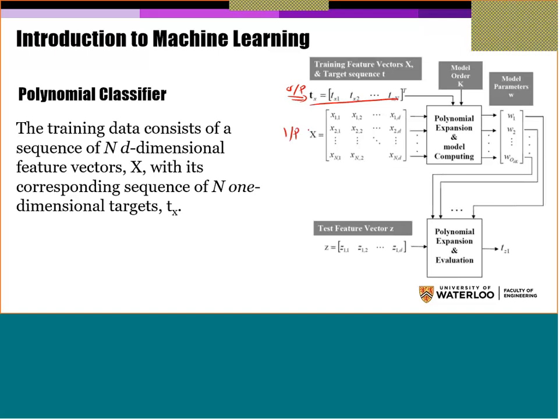Then we try to find a combination of higher order polynomial terms that can match those vectors to the target. For example, a0 plus a1 x1 plus a2 x1 x2. It's non-linear, so this is multiplication, plus a3 x3 cubed, plus etc. So this x will be like x1, x2, etc. This is the feature vector.